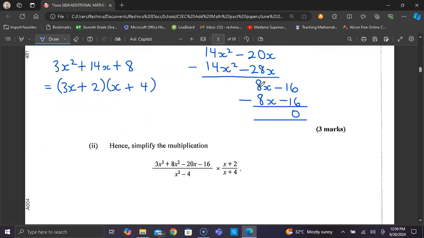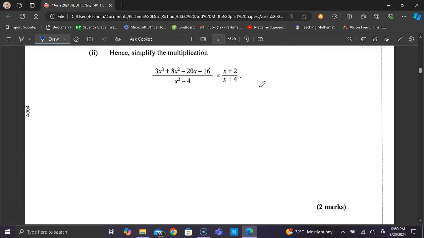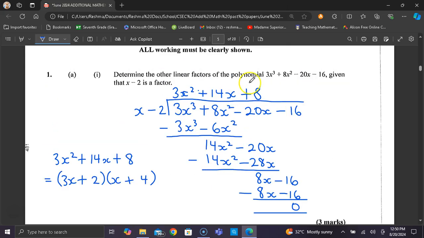Okay, so let's go on to part 2 for 2 marks. Hence, simplify the multiplication. This is our polynomial from part 1, and we're dividing that by x squared minus 4 and multiplying by x plus 2 over x plus 4. I know this looks daunting, but since we already broke up our polynomial into 3 linear factors, this is one linear factor, x minus 2, and these are the other 2.